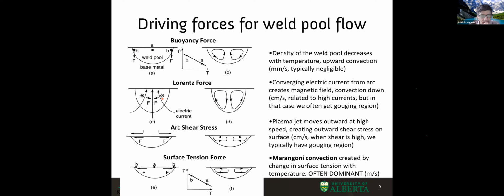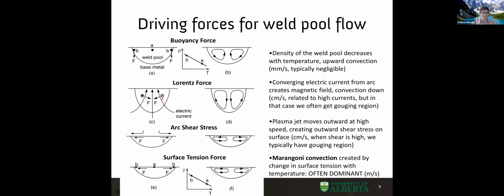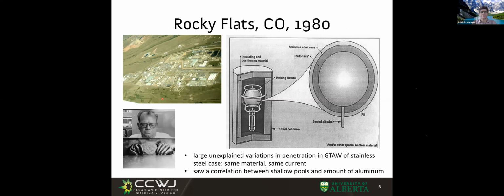And what happened is this thing that I'm going to explain to you here. Let me tell you a little bit more. They saw that the welds that had bad penetration had a little bit more aluminum. That's all as far as they could see, a little bit more aluminum.